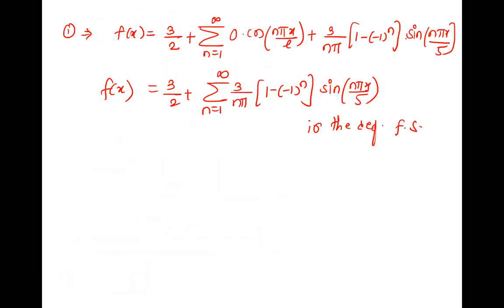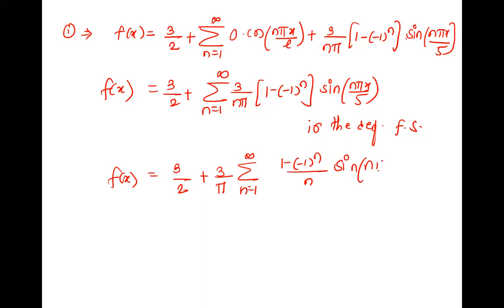Before that, take that constants out. So it is like 3 by 2 plus what will come out? 3 by pi will come out and the n terms all will be inside. So 1 minus minus 1 raised to n upon n into sine n pi x upon 5.